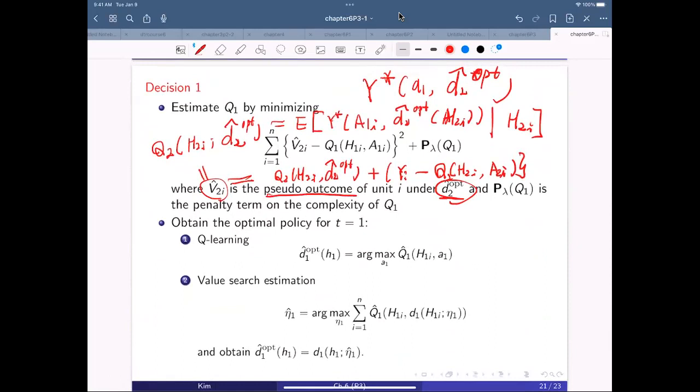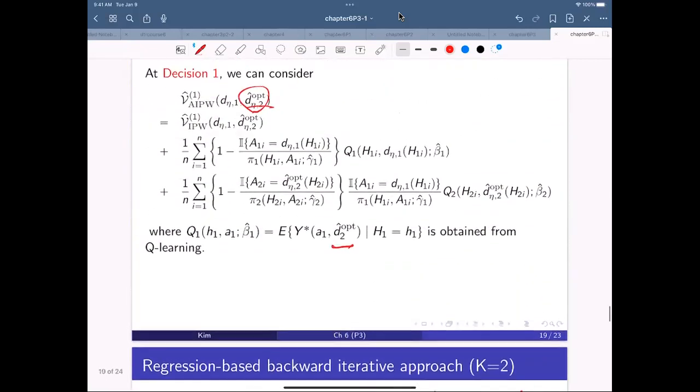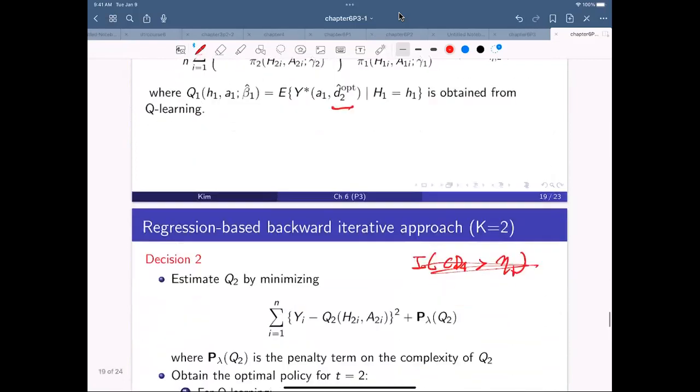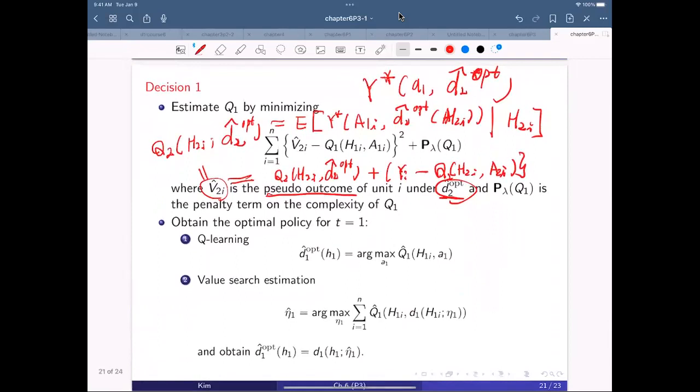Then use that as the outcome and fit the usual regression model. Then this Q1 will be the conditional expectation of Y star under D2 optimal.